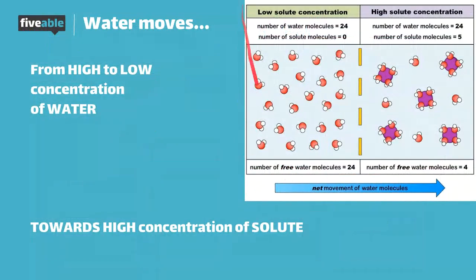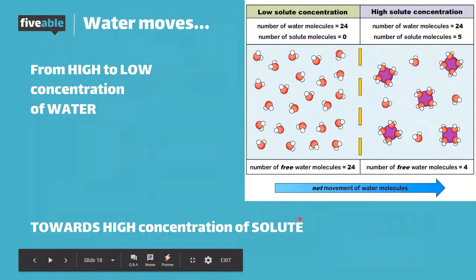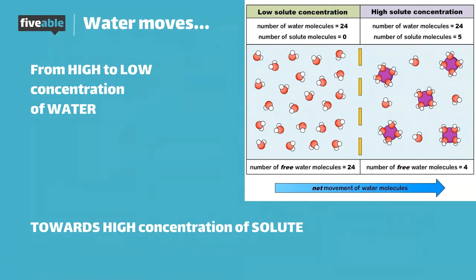So water, just as a caveat, because sometimes the students get confused about this, water, just like everything else, is going to move from a high concentration to a low concentration of itself. Okay, it just so happens that that also means it's moving towards where there is more solute.